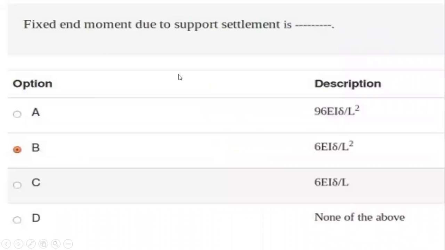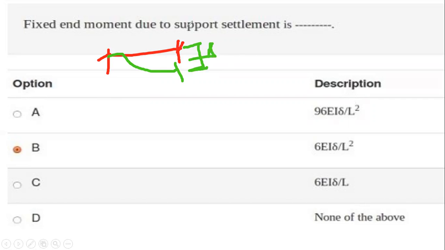Okay. Next MCQ, fixed end moment due to support settlement is. Suppose this is the fixed beam and it is subjected to support settlement. The support B is having certain settlement, suppose delta.